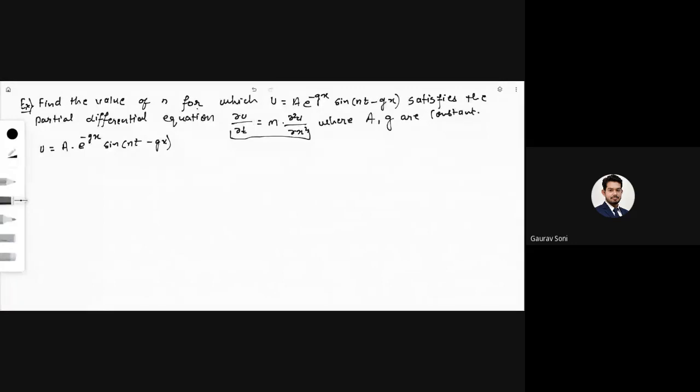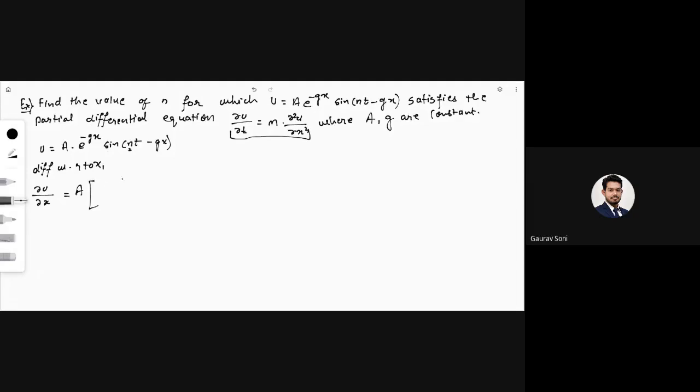We'll make it satisfy by taking the derivatives. First, differentiating with respect to x, the partial derivative of u with respect to x is equal to A, being constant, will come outside. In bracket, I will apply the product rule.